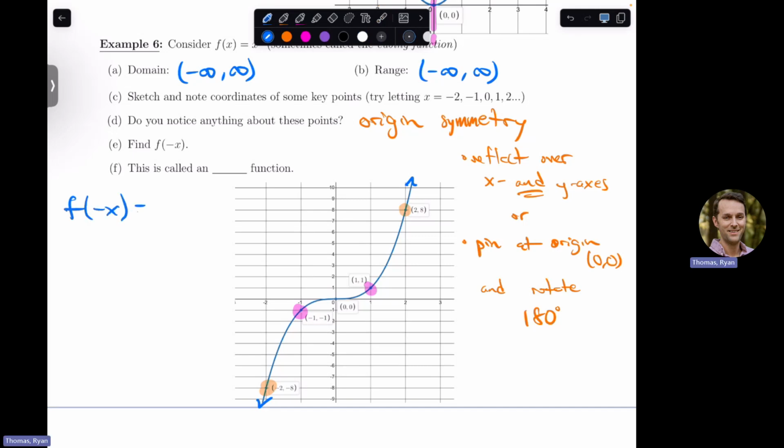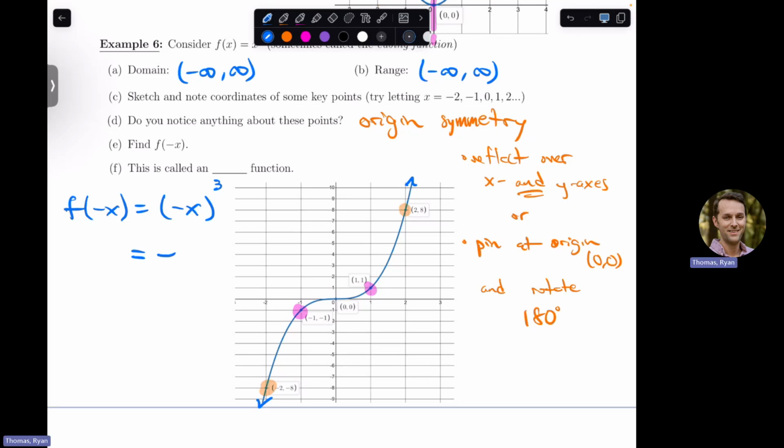If I plug negative x into this, so where there was an x before I put negative x, and then I cube that, what happens? Negative and negative and negative, so it ends up being negative. And how many copies of x did I have?